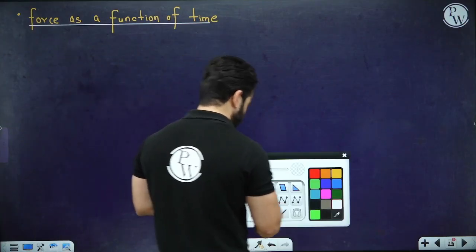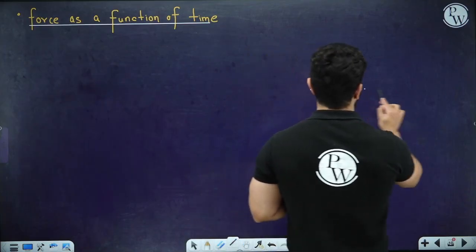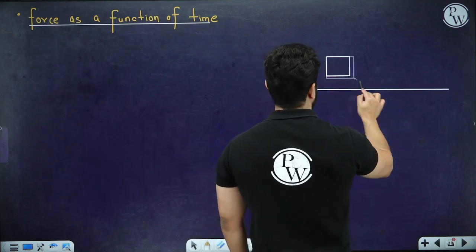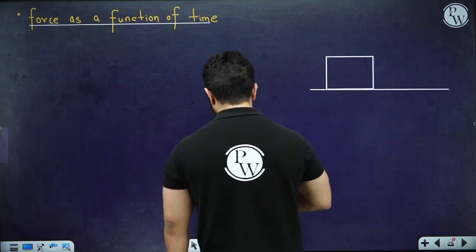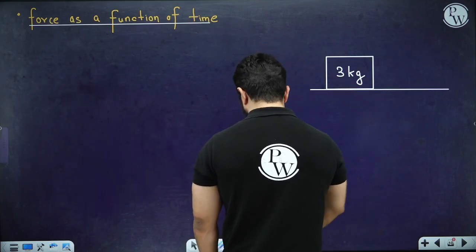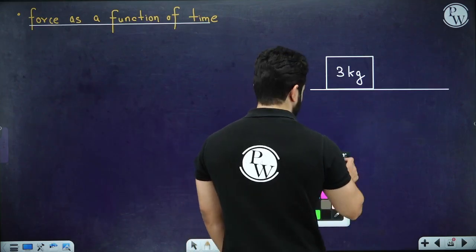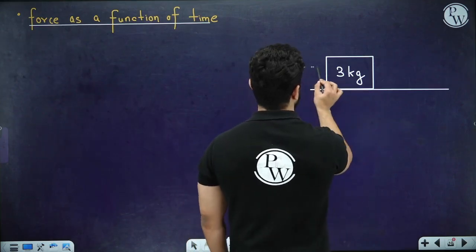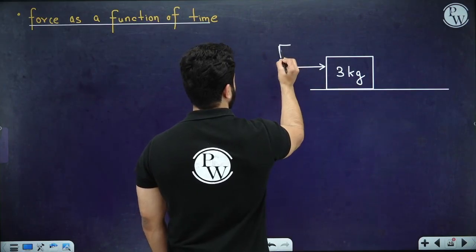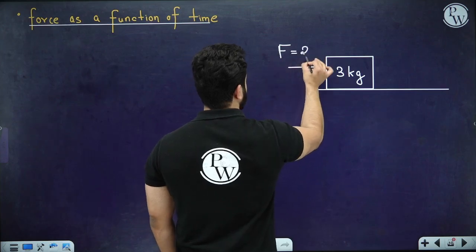So when we are talking about something like this, I'll give you an example. Let's say that we have got a block of mass 3 kg. I'll use some real numbers. It is under a force, which is given as F equals 2t square.